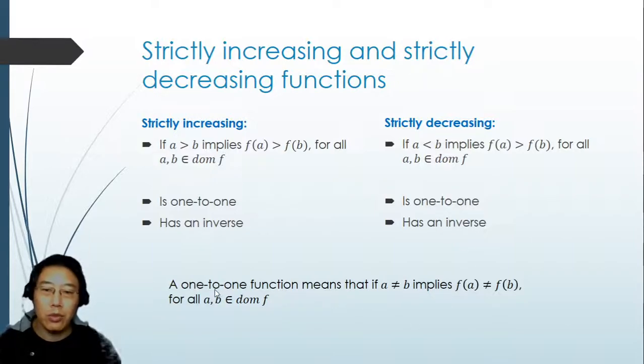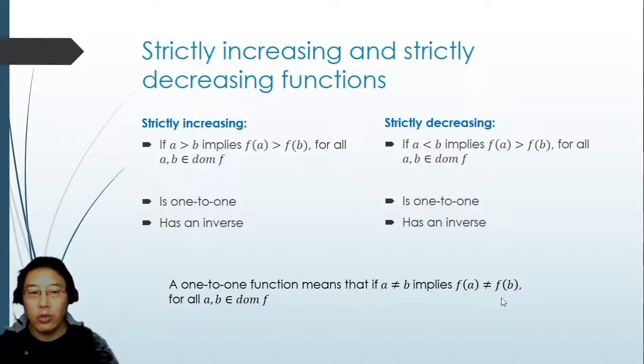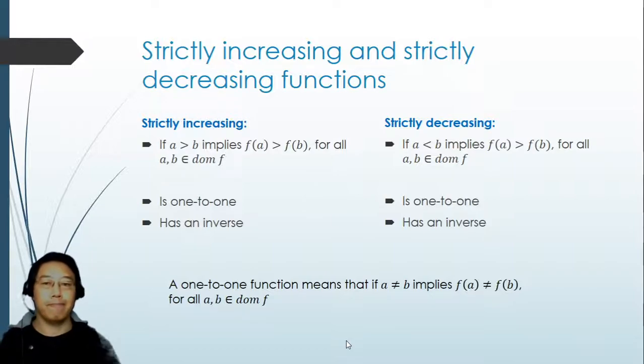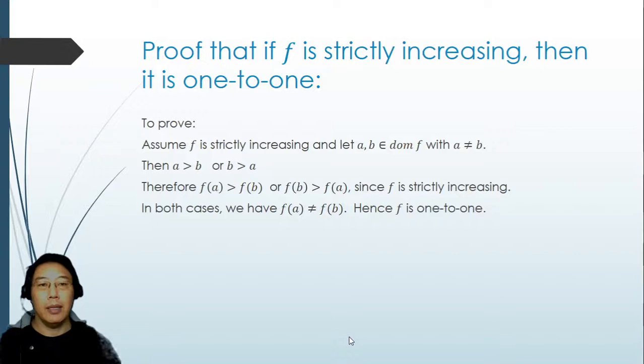So what it also means is if you have two values that are different on the x-axis, then the y coordinates will also be different, and that it will be across the whole domain of that function. Now, how do you prove that if the function is strictly increasing, it is one-to-one?